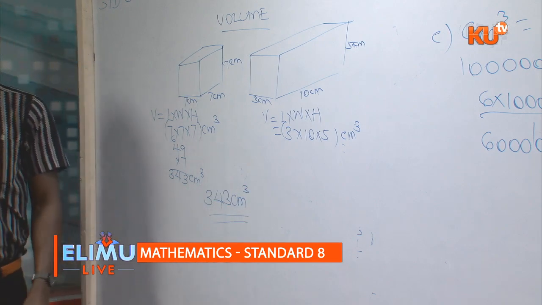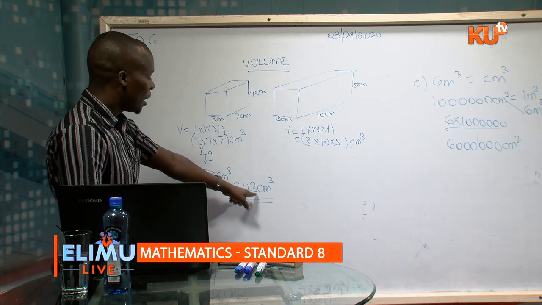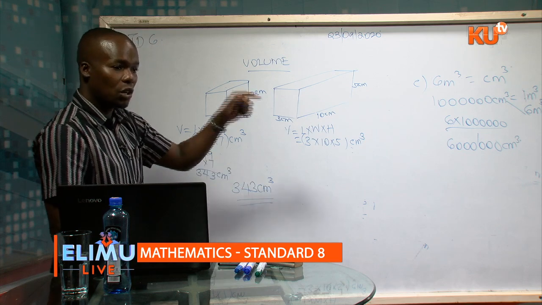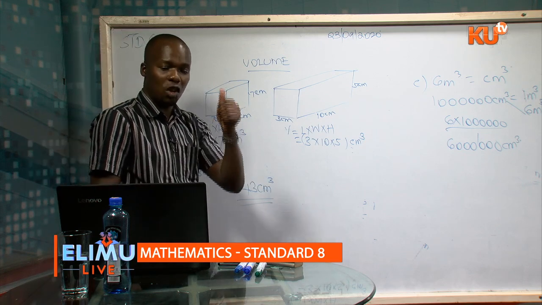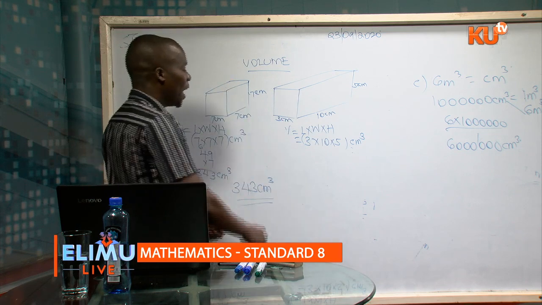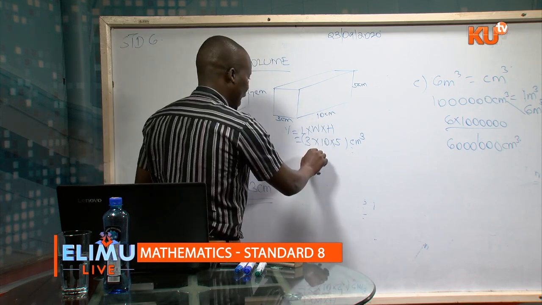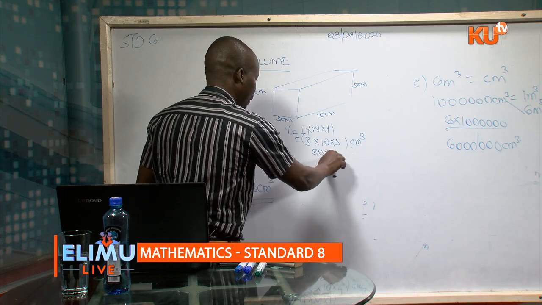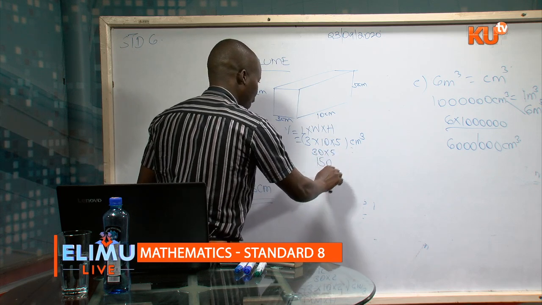That's the answer complete. We must have it in the required units. I told you earlier that the volume of a cuboid is given in cubic units. The same way here, 3 by 10 is 30 times 5 is 150.